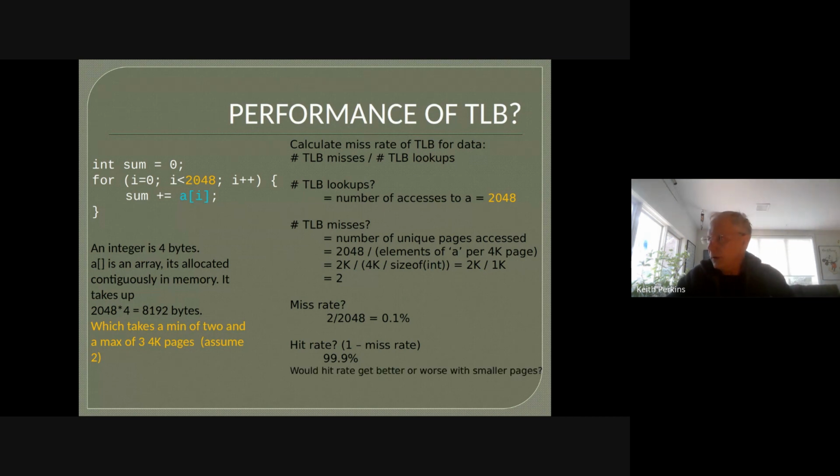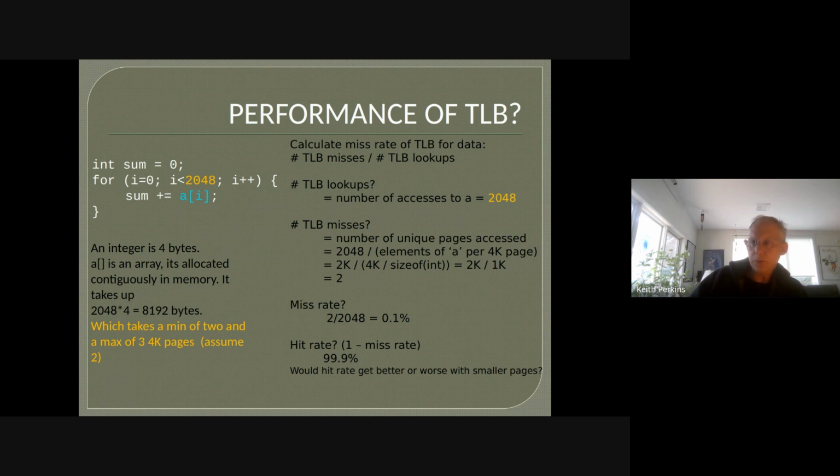Here's a question. Would the hit rate get better or worse with smaller pages? If you have smaller pages, then what happens is you have to access more pages. With 4K pages, 8,000 bytes will fit in 2 4K pages.